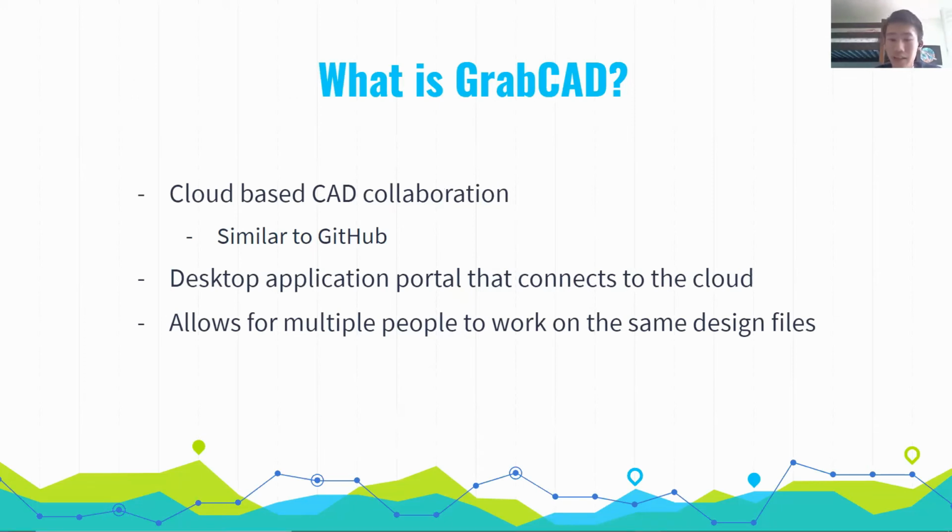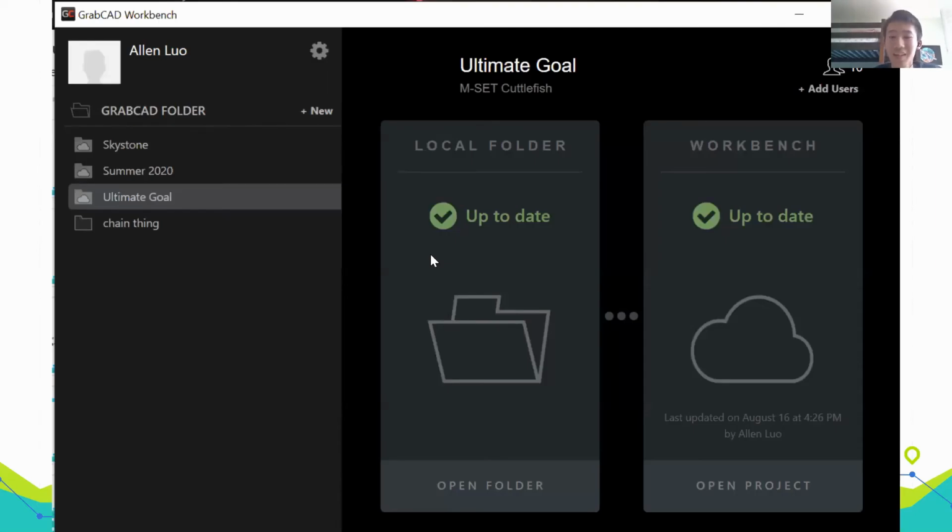It will automatically detect if you changed or added files to the specified file path, and tell you to upload or download. If someone else on the project changes the part, it will tell you to download that, and if you change something, it will tell you to upload that. It's really easy to use. There are about two buttons you have to click. Right here is the UI: upload and download.